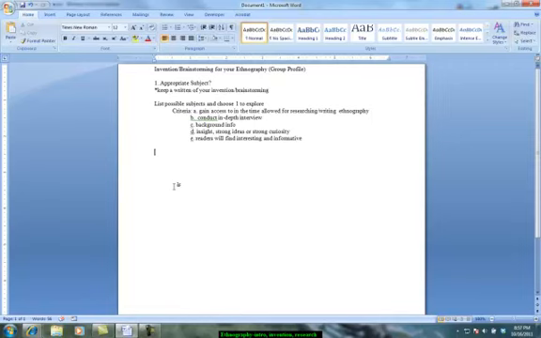So, some ideas. Like I said, I already mentioned a few, but some other possible subjects: maybe some community-related subjects, a civic organization.